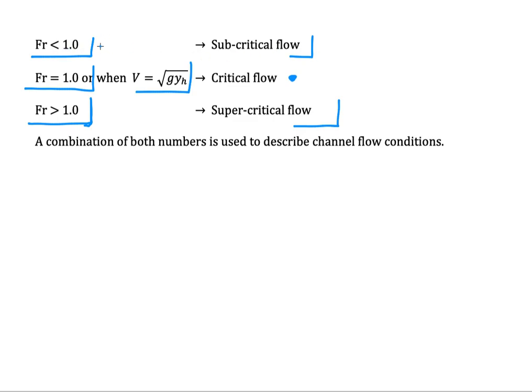If the Froude number is less than 1, we call it subcritical, meaning it is not so critical, so we can relax with them. But if the Froude number is equal to 1, it is the turning point. This is a critical point. Why is it critical? Because the water has the maximum energy to initiate a hydraulic jump. And if the Froude number is bigger than 1.0, we call it supercritical. Why? Because for sure the hydraulic jump will occur.